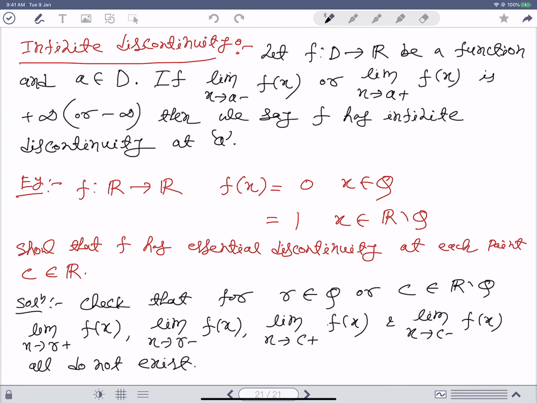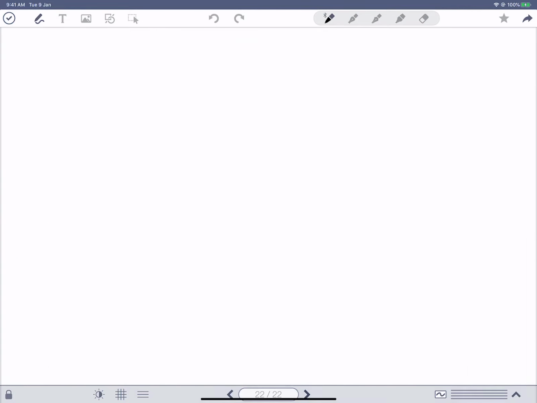You can easily check that. I can solve one part only. So now first of all, let r belongs to Q.